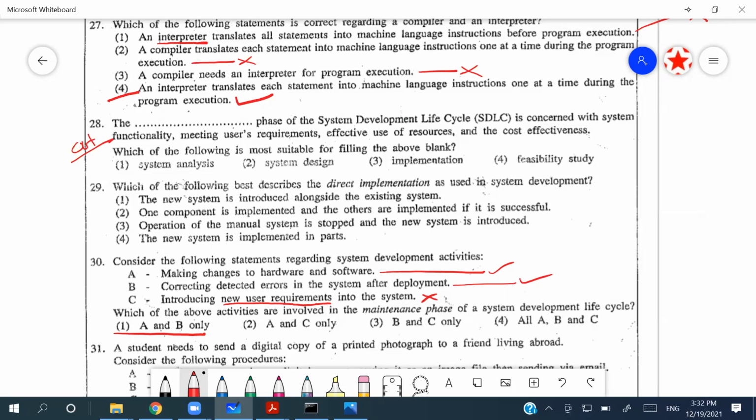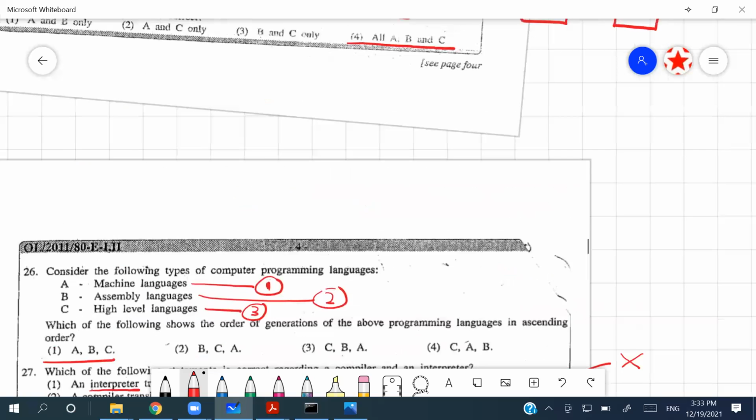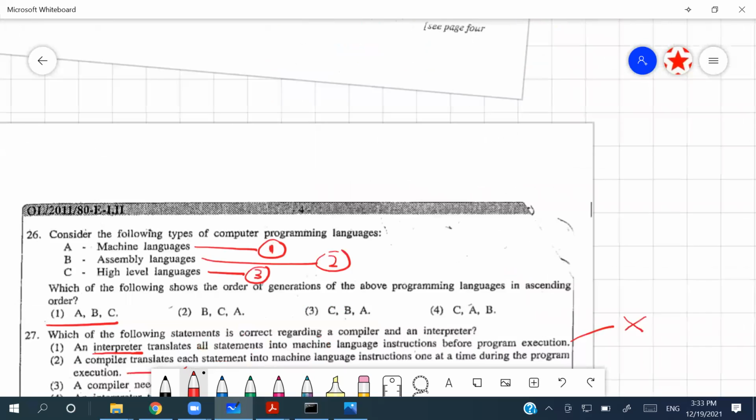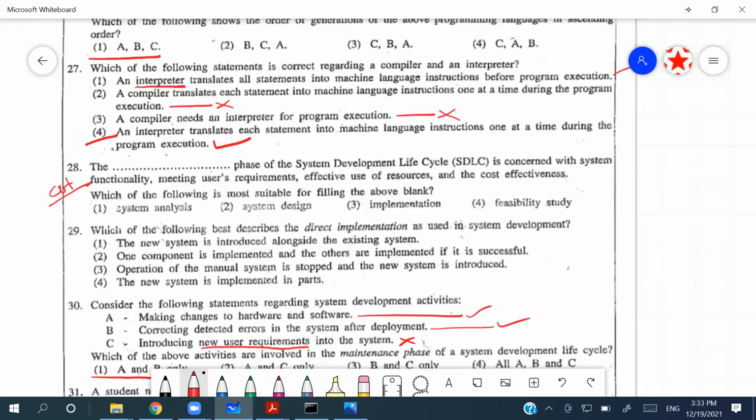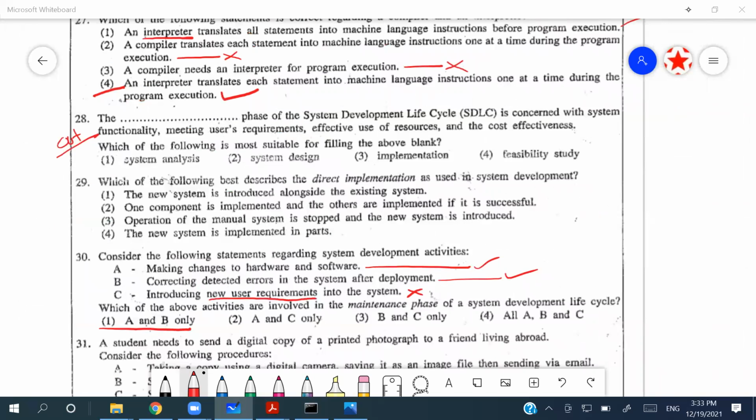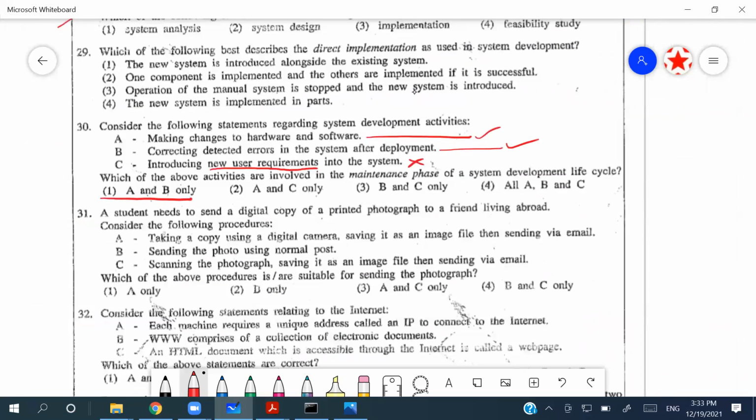So it will be analyzed, designed, deployed, tested, and those things are going to happen. So for the 30th, it's going to be the first one, people, not the fourth one. It's a justifiable part to say A and B only, right?